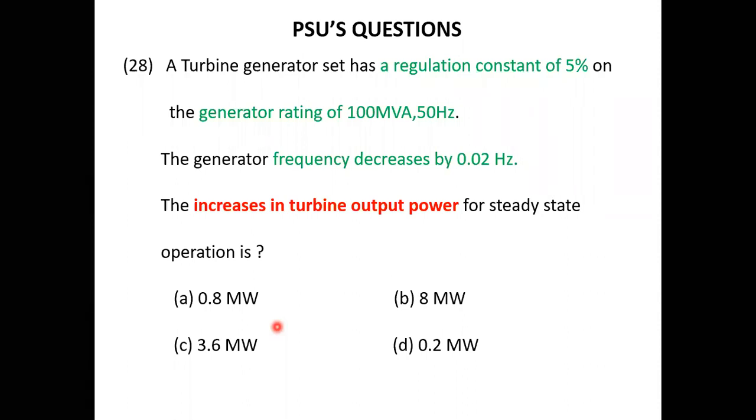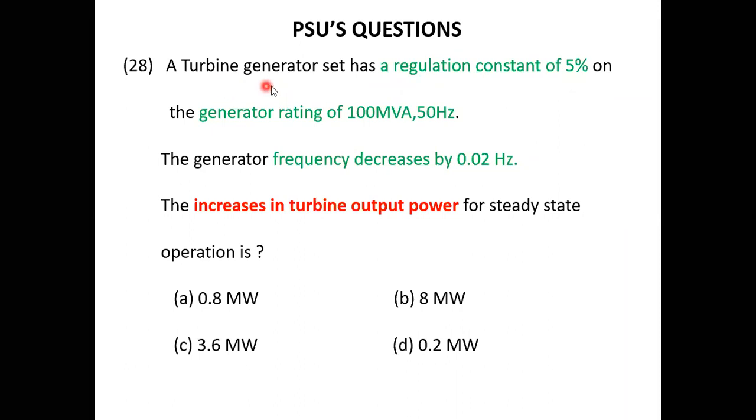Before picking the answer, first of all, try to understand the given problem, because this is a completely different problem when compared to our previous 27 problems. We have not solved this type of problem till now, so we need to spend some time on it. A turbine generator set has a regulation constant of 5%.